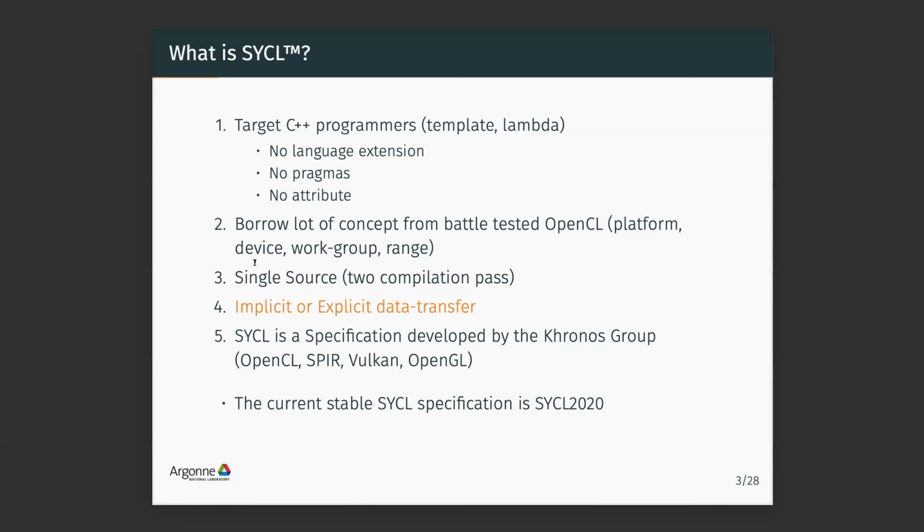You put your kernel in the same place as the rest of your code, not like in CUDA, where you need to have a .cu file. It's more like OpenMP. And like I said, it is developed by the same consortium that does SPIR, Vulkan, OpenGL and everything. So it's a big consortium with a lot of players in it. If you want to download the specifications, the latest one is called SYCL 2020.